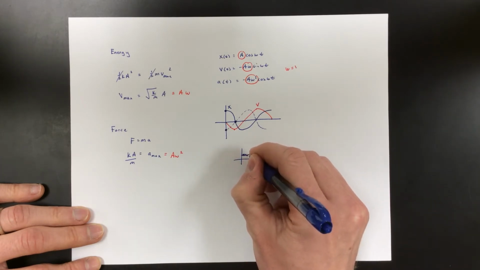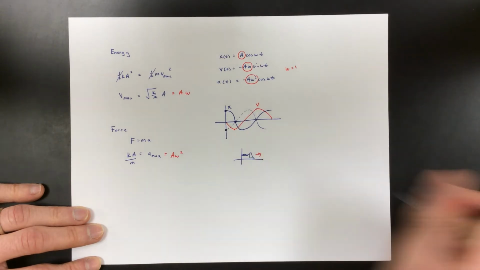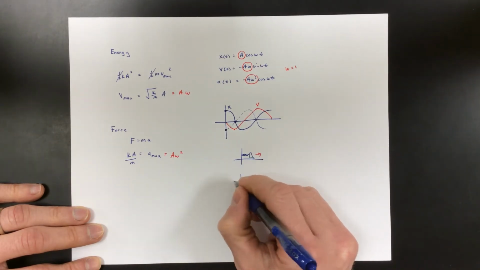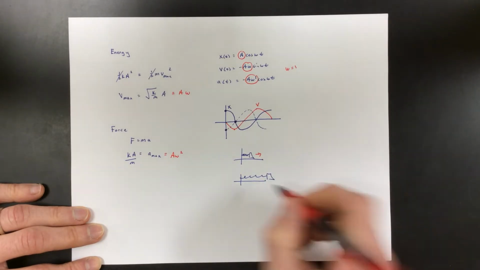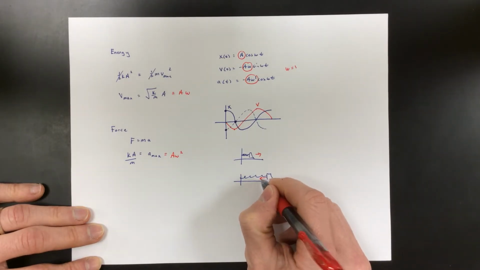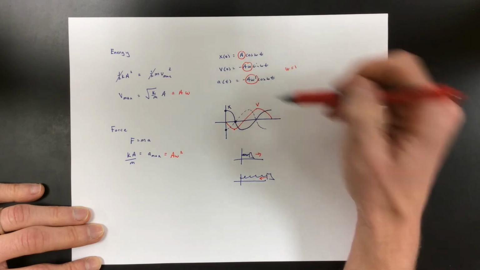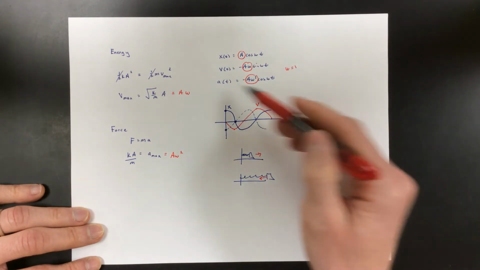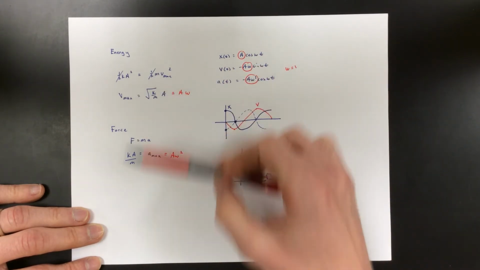When it's fully compressed, it's going to have the biggest acceleration this way. When it's fully stretched, the acceleration is going to be this way. And hopefully it makes sense that the acceleration and the position are opposite of the same functions. Okay, so you have some connection between the graphs, the calculus, and then energy and force as well.